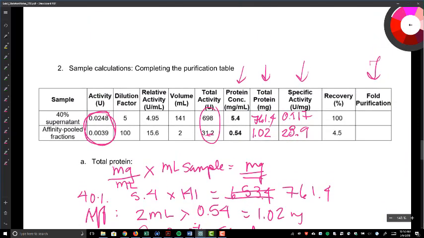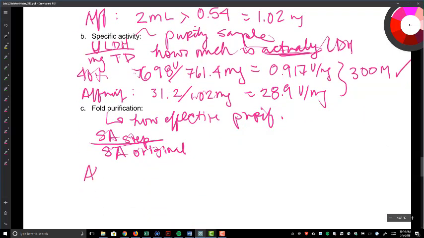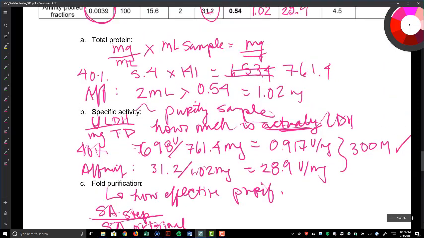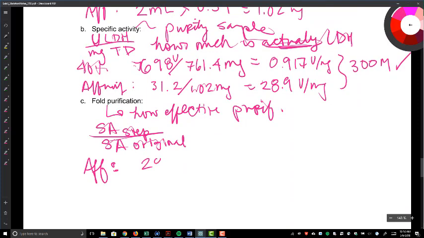So in this case, we're starting off with the 40% supernatant. So our fold purification for supernatant is going to be 1, because that's what we're starting out with. But for the affinity pool, we would take 28.9 units per mg, because that's the specific activity of the affinity step, divided by the specific activity of the starting step, which is 0.917 units per mg.